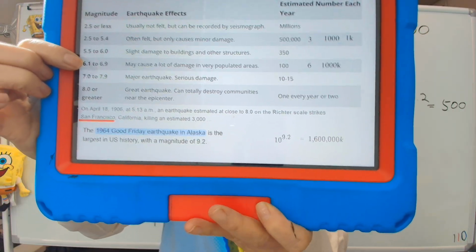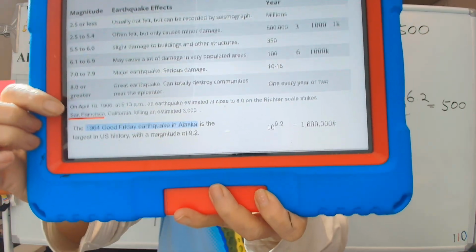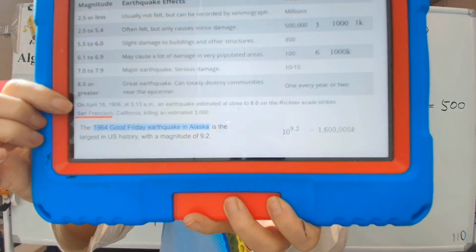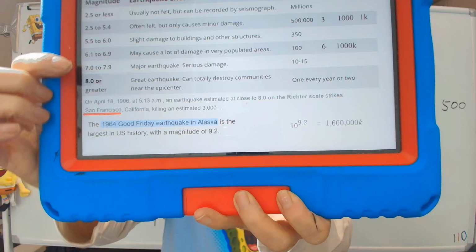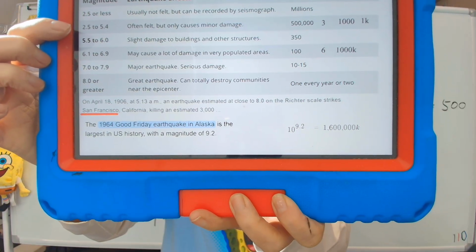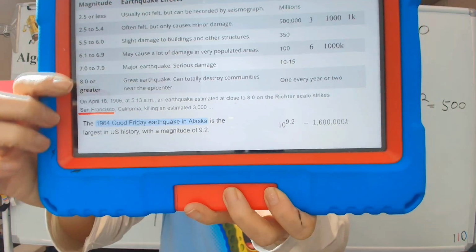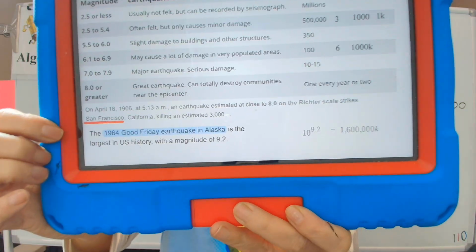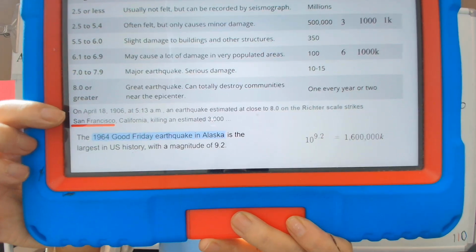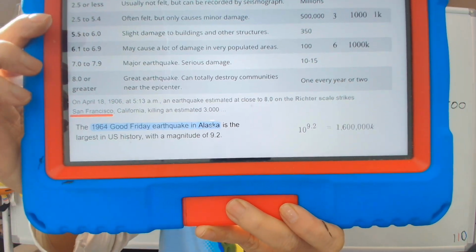By the time it's 1,000 times stronger, it's going to cause a lot of damage, especially where there are a lot of people. Next, here's the San Francisco earthquake, which is supposedly 8.0. I want you to calculate how many times that is compared to the earthquake you can barely feel. You can do this basically in your head because it's 8.0 compared to, say, 3.